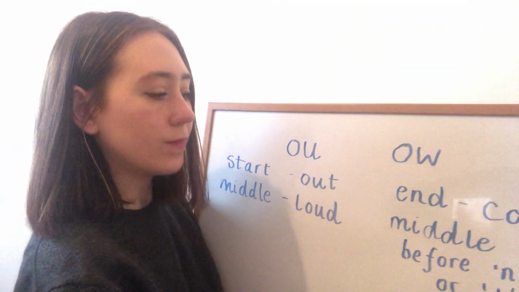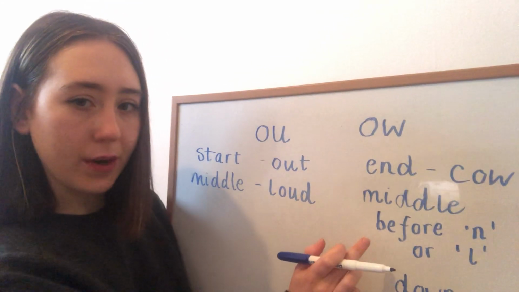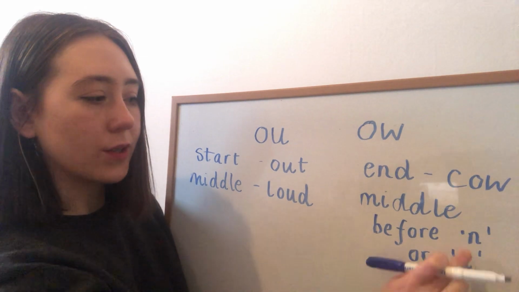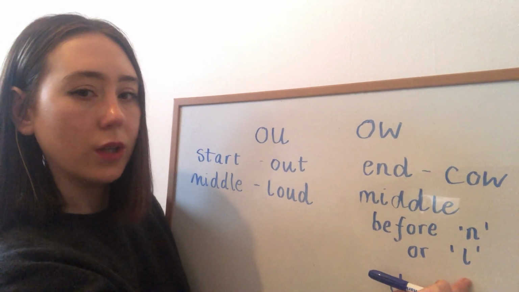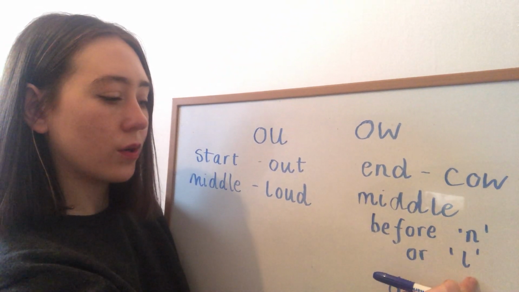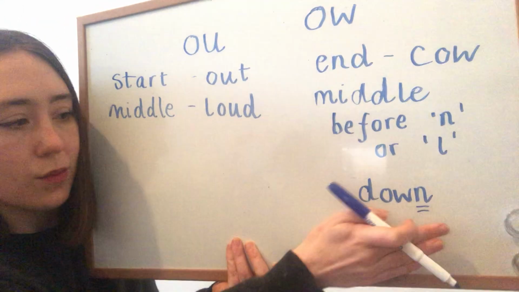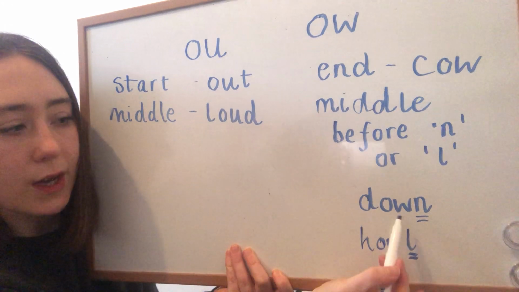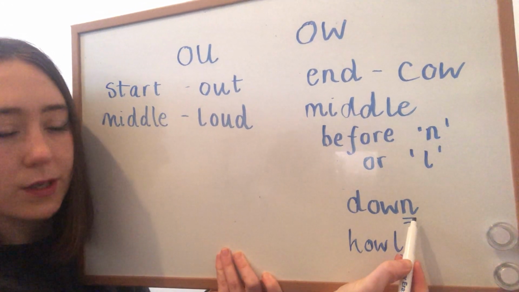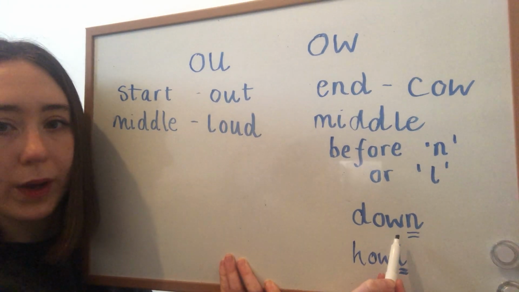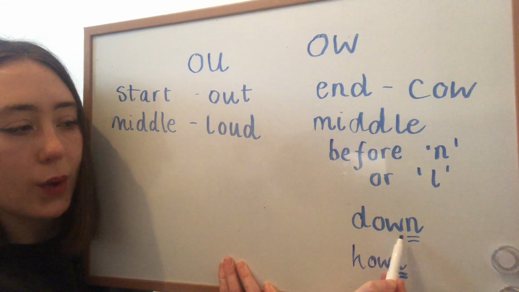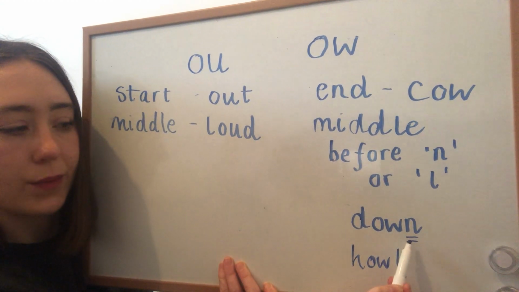Now in general, when it is in the middle of a word, it's before the letters n or l. N or l. So I've written two examples here. We have the word down. Because the ow sound is followed by the letter n, we know it's an ow. So we have d, ow, n, down.